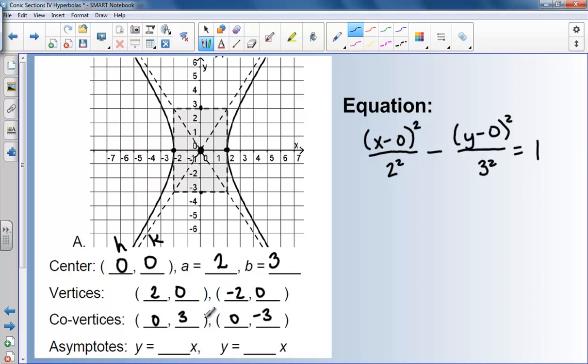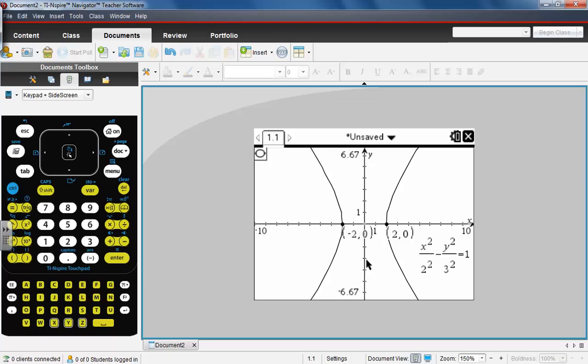Now, the calculator will not find your co-vertices because they're not on the graph, and it can't analyze something that is not on the graph. So those are not a characteristic you can locate on your graph. But we can find the asymptotes because the calculator has used that to help guide its graph.